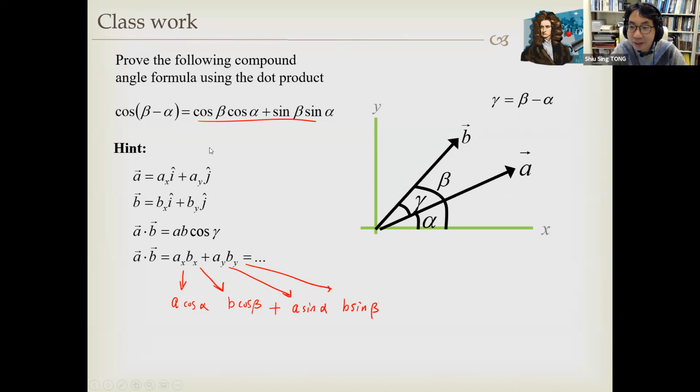Because the linearity allows me to do so. All the hidden projection, they are hidden in the component, and in the dot product. So I can use it to prove it very easily. So that is the important thing to learn.